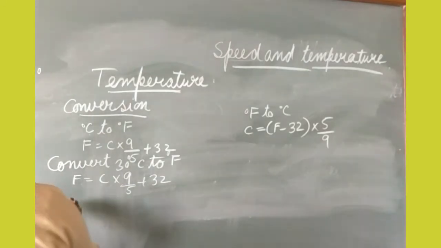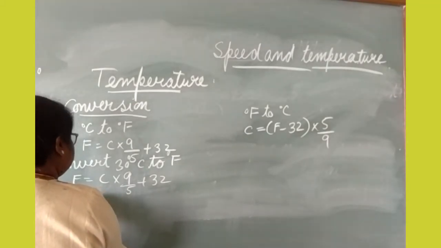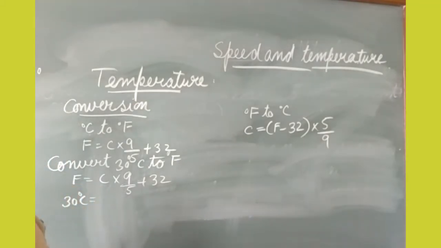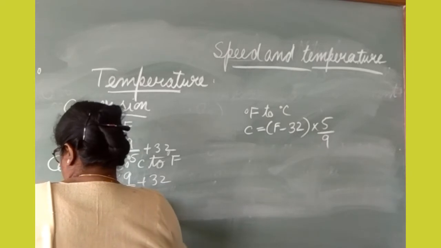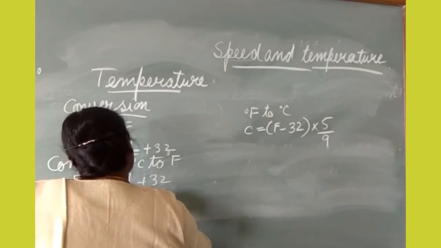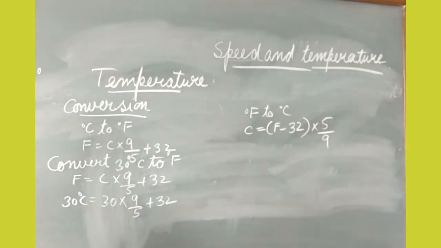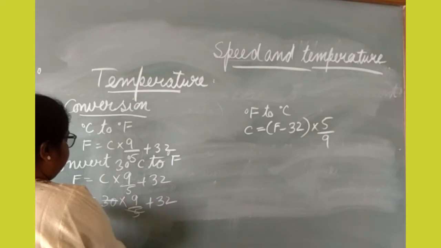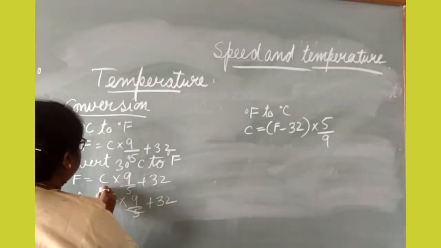So 30 degrees Celsius equals 30 into 9 by 5 plus 32. Then we will cut this: 5 table, 6 up.